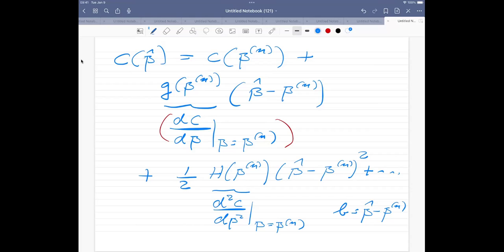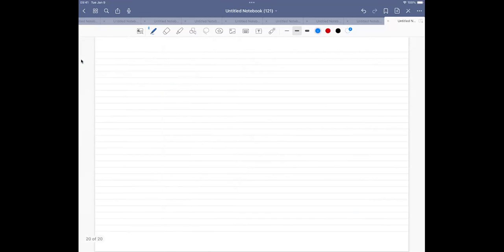Can I switch page? Is that okay with everybody? So what I get then, when I introduce this parameter b, is the expansion.